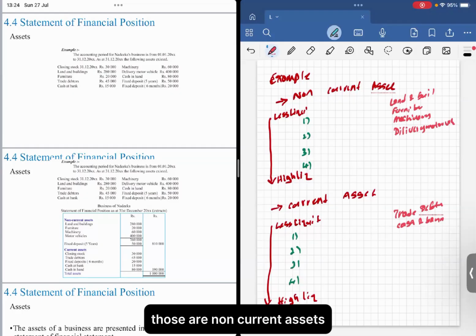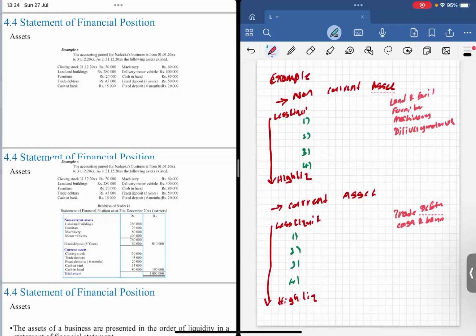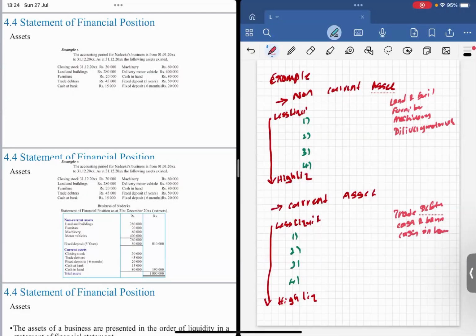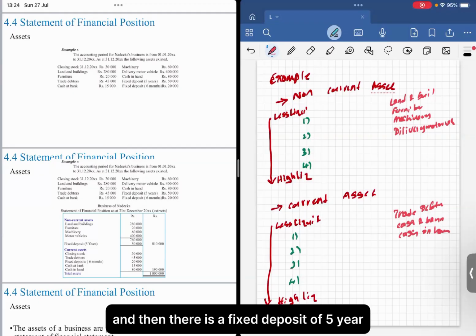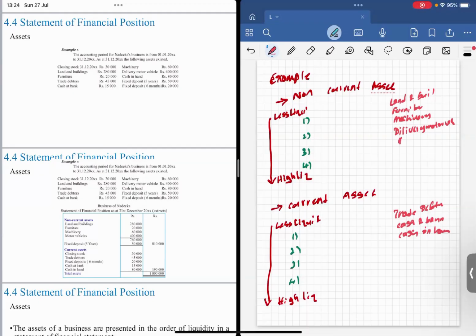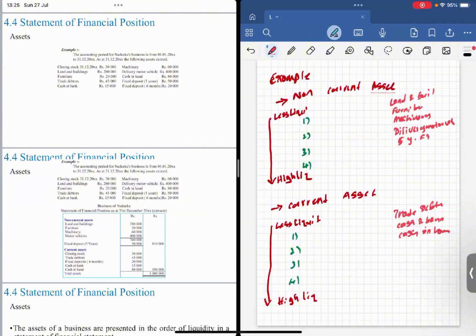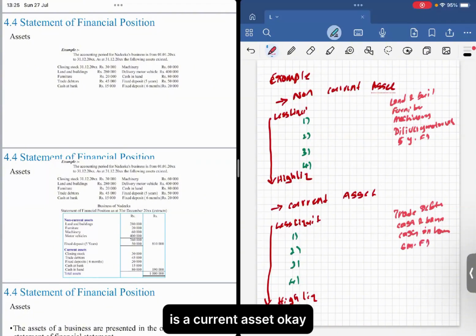Those are non-current assets. And then we have cash in hand, which is a current asset. And then there is a fixed deposit of 5 year. 5 year FD is a non-current asset, and 6 month FD is a current asset.